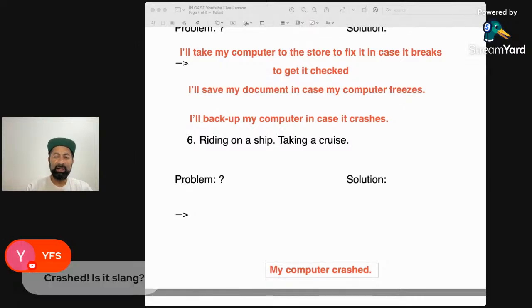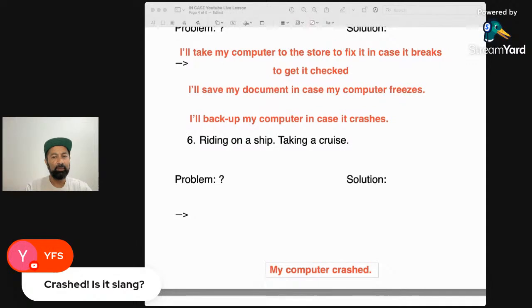Is it slang? I think it used to be slang, YFS. It used to be slang, but it's so common now. It's very, very common vocabulary, so it's no longer considered slang. And that's the interesting thing. When we introduce a new word, maybe from hip hop culture or from the younger generation, these words are all new.